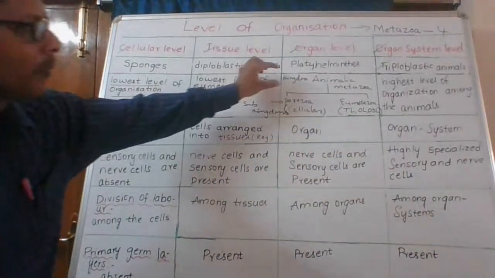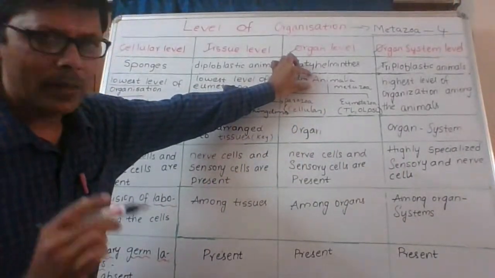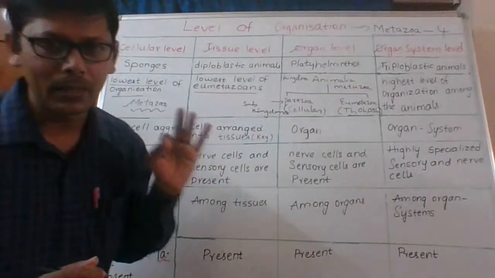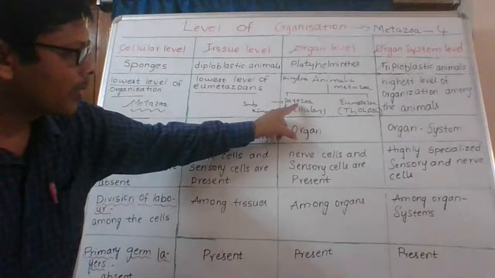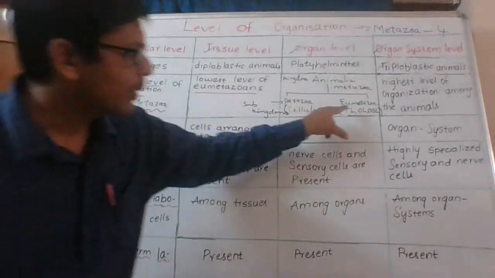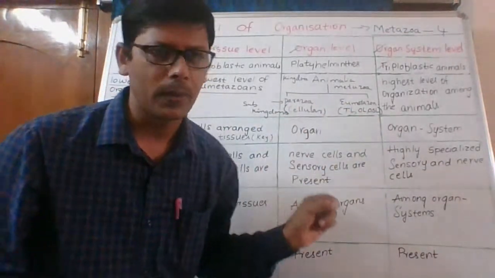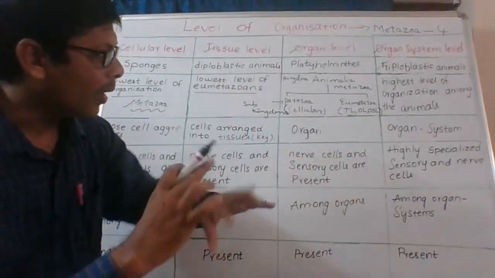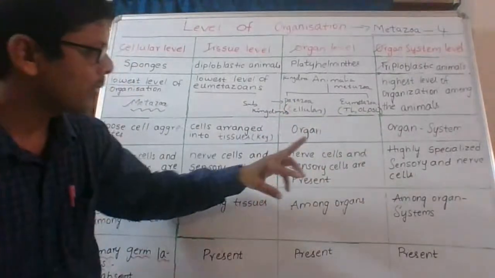I repeat again. Now we are discussing the Animalia kingdom, also called metazoa. In this kingdom, there are two subkingdoms: parazoa and eumetazoa. Based on the organization, they are divided into two subkingdoms.